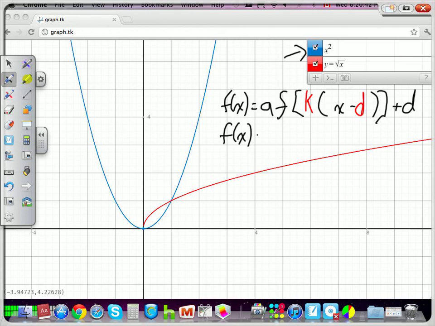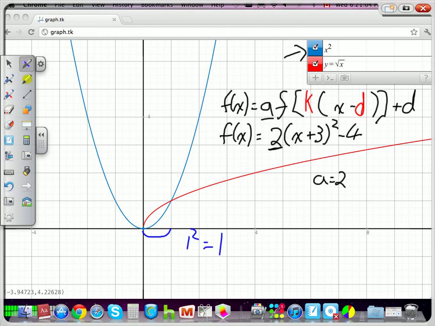We had an original function, f at x, and this f stands for whatever function we're dealing with. In the first one we're dealing with a square root. We got the number 2 times 3 squared minus 4. What that is here is our a value. So in this case, a is equal to 2.